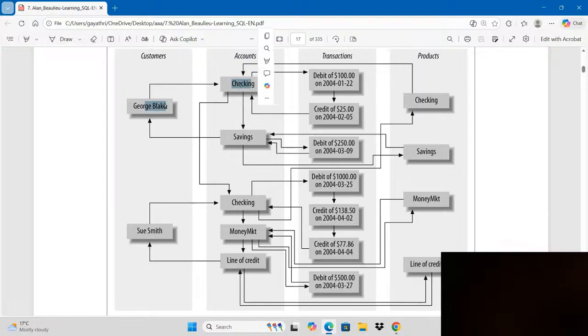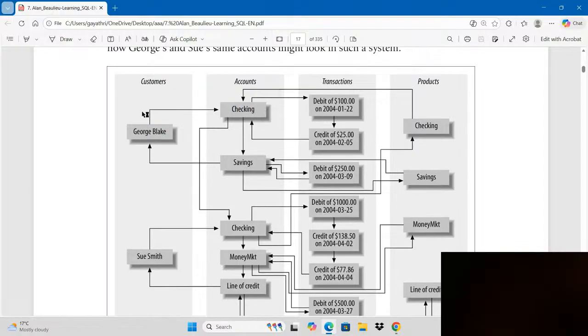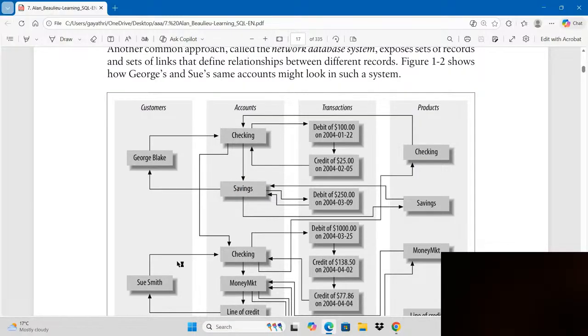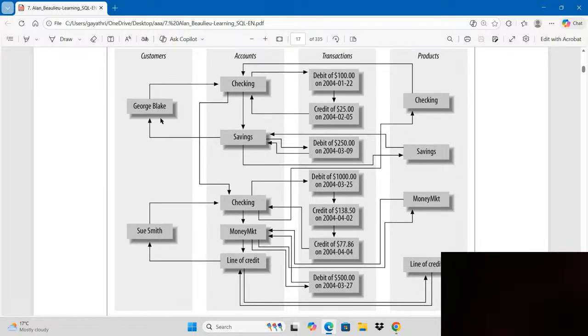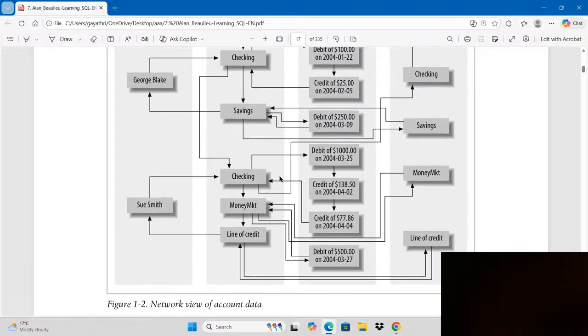Customers is divided in this section: accounts section, transactions section, and products. I don't know what this product means, but for each customer there are related accounts, and for each account transactions can happen to and fro.